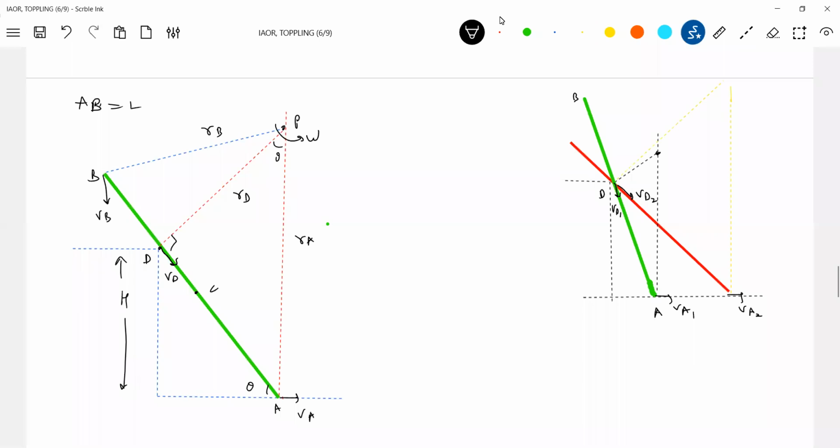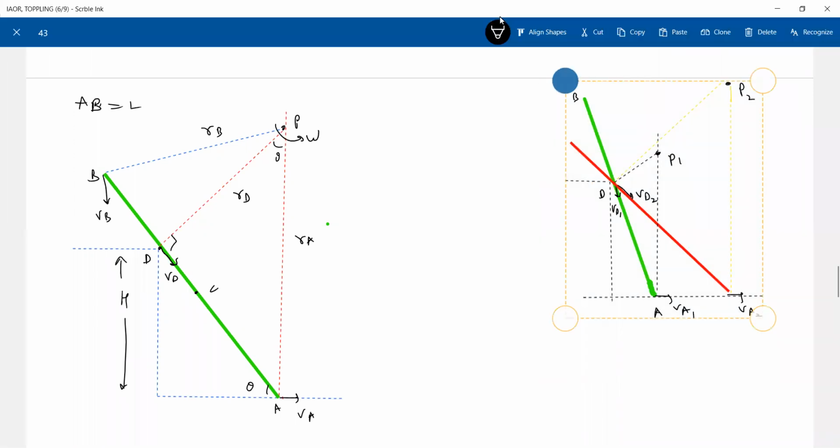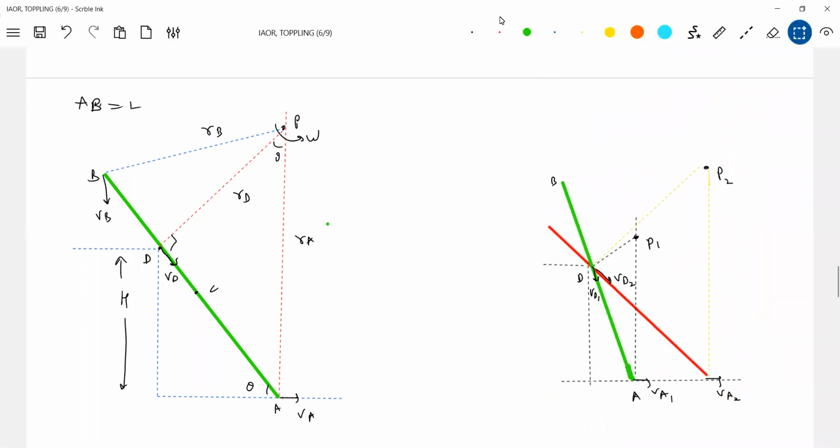So look at this, the instantaneous centers P1, P2. When the rod is in green color position, it will rotate about P1. When it is at red color position, it will rotate about P2.